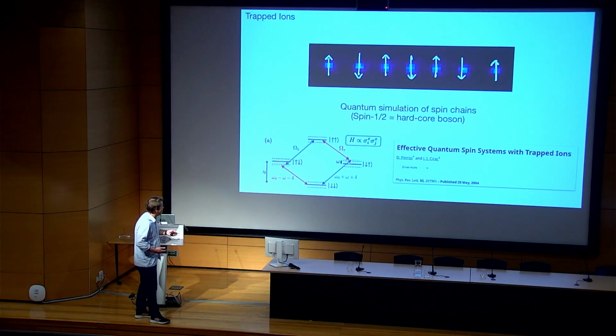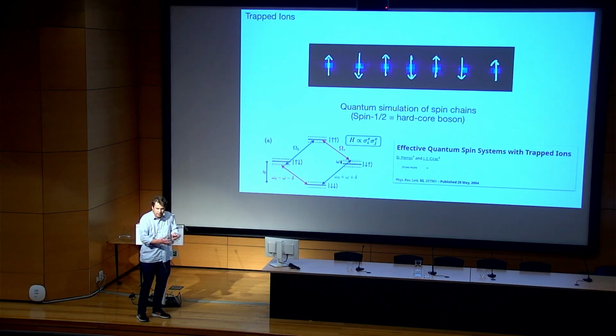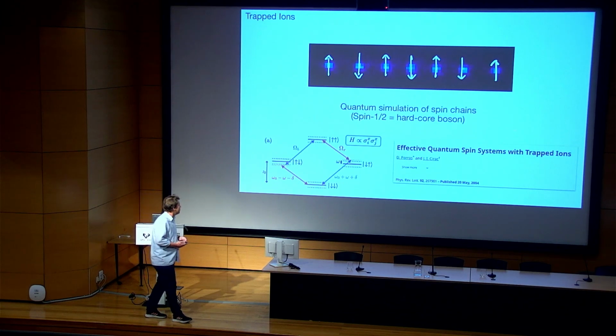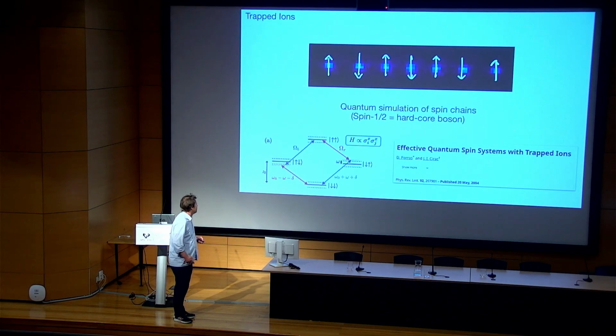This is the blue coupling, or you may also have a red coupling which flips a spin and annihilates a phonon, and you make these two couplings off-resonant, but in such a way that only the combination of two beams, for instance a blue and a red beam, then hits the resonance and flips two spins. So that is the scheme that can be used to engineer spin-spin interactions.